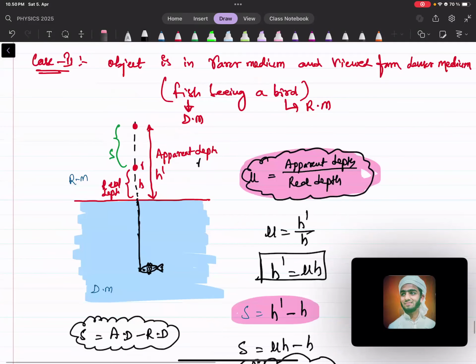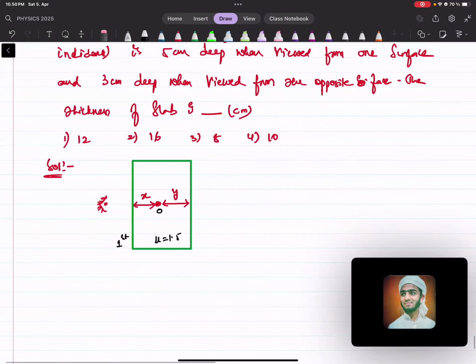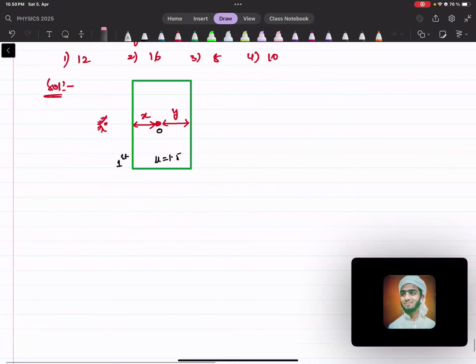So how do you write the refractive index? Mu is equal to real depth divided by apparent depth. I don't know the apparent depth. Real depth is X. Apparent depth I'm taking as X dash. So X dash will be equal to X divided by mu. Am I clear?